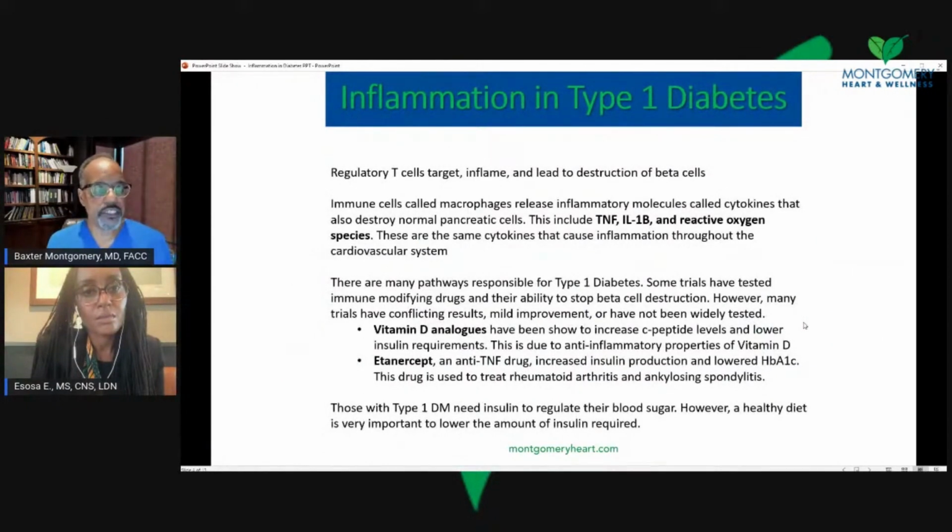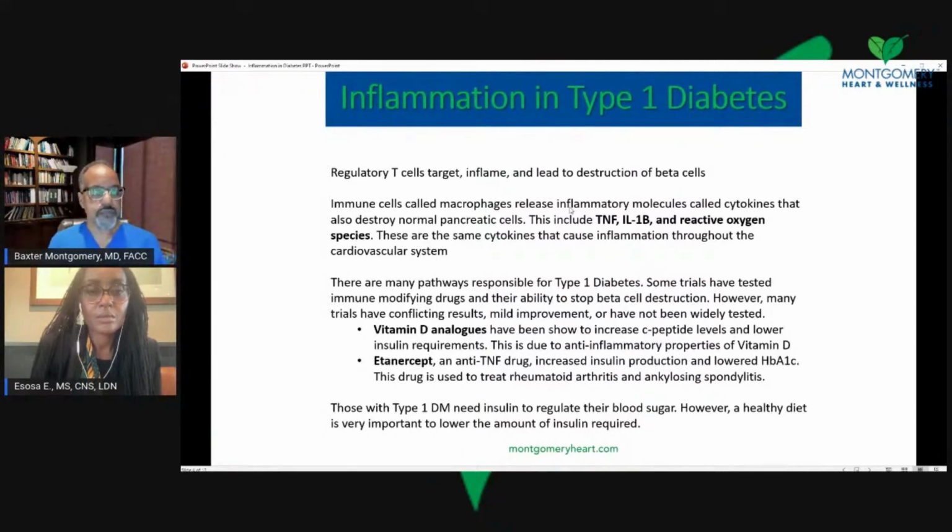So, inflammation in type 1: immune cells called macrophages release inflammatory molecules called cytokines. Hopefully, if you saw the talk we did on inflammation of the heart, you may remember some of these terms, cytokines, for instance. These cytokines are, as I said before, signaling molecules that trigger more inflammatory responses.